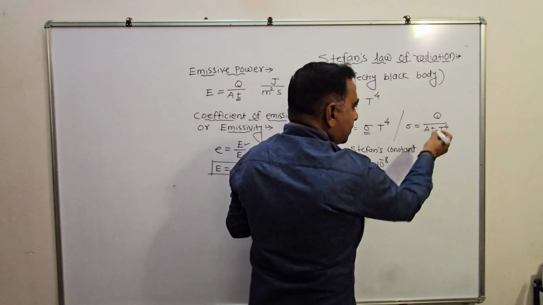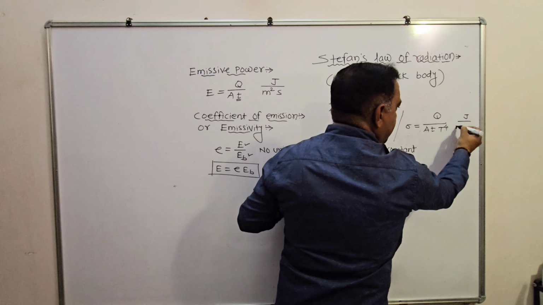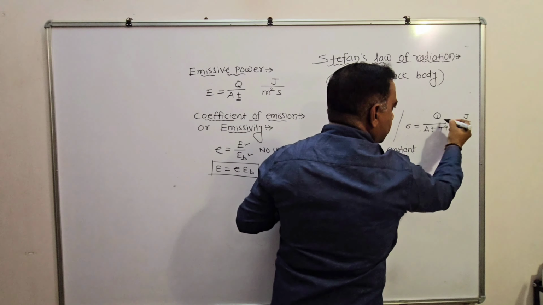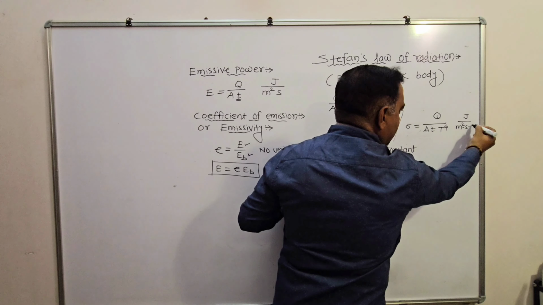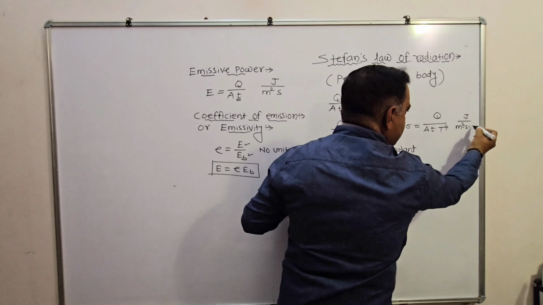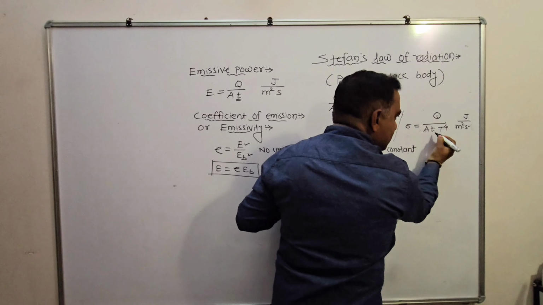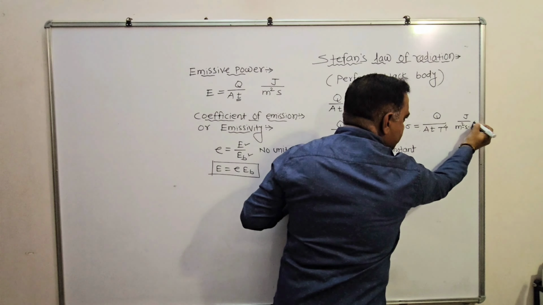So the unit is joule per meter square second, divided by Kelvin raised to power 4.